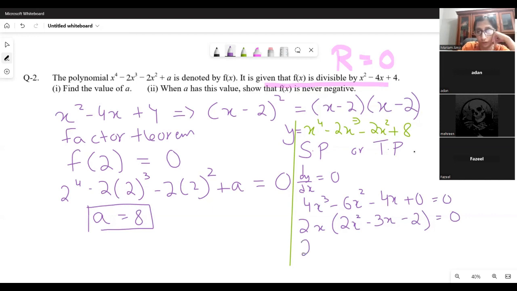We'll have to further factorize this. So 2x square, यहाँ आ गया minus 4x plus x minus 2 equals to 0.